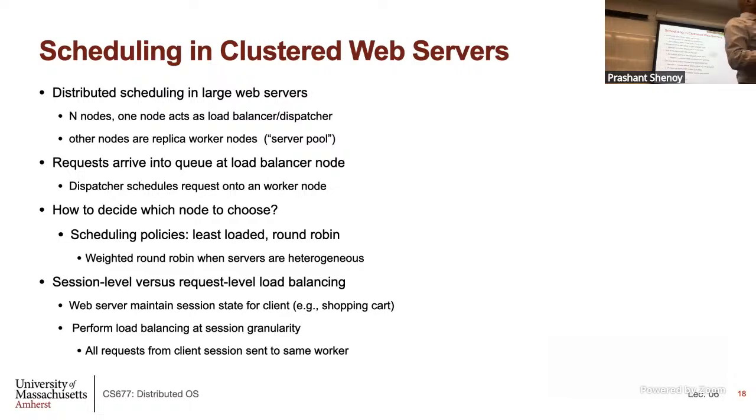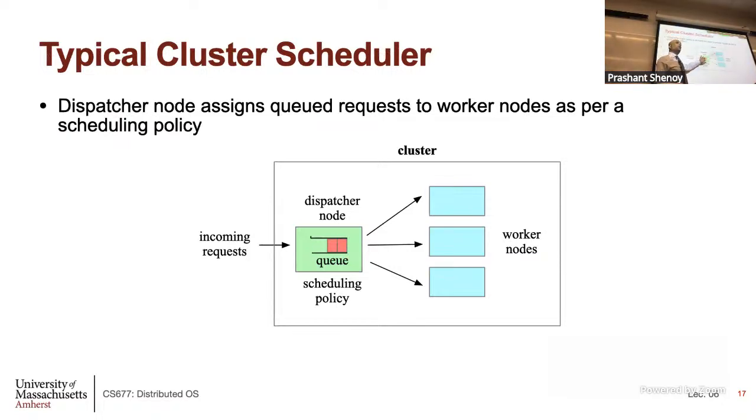These machines are going to be significantly powerful, so they can serve hundreds or thousands of users at a time. But all requests made by that user to the dispatcher always go to that machine. So the dispatcher needs to know that it mapped user I to that node, so any subsequent requests from that IP address automatically go there. All of that information has to be maintained in the dispatcher.